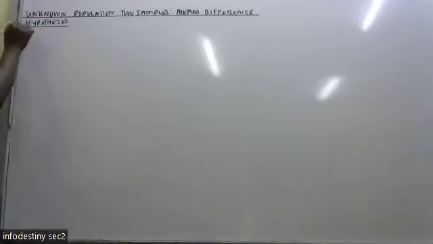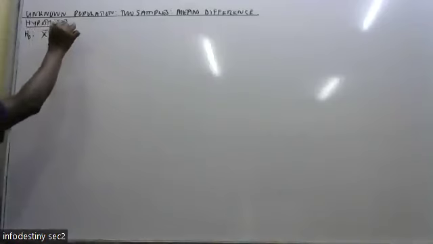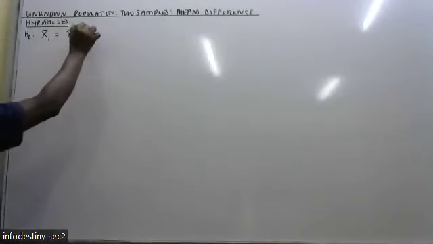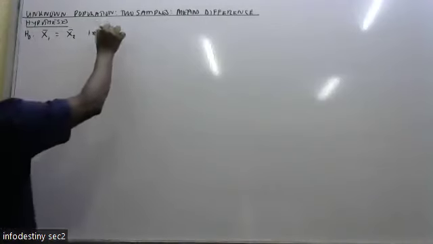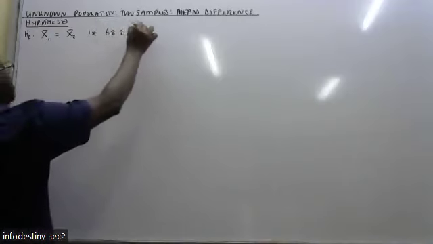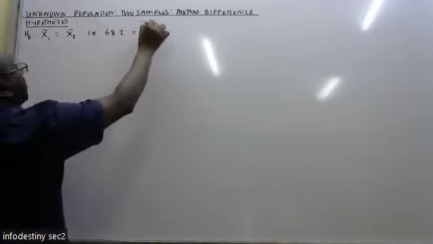The hypothesis H0 is that x bar 1 is equal to x bar 2. That is the first sample ipatikana na percent ya 68.2, while the other one ilikuwa na 67.0.